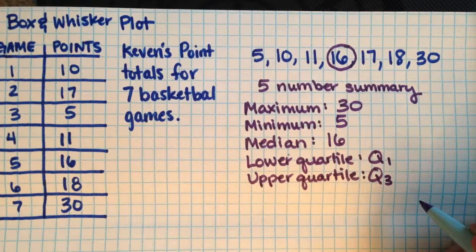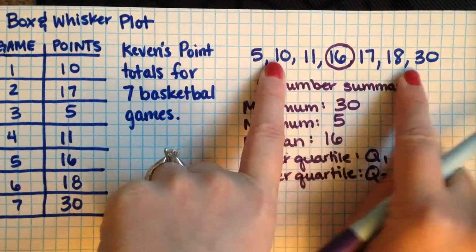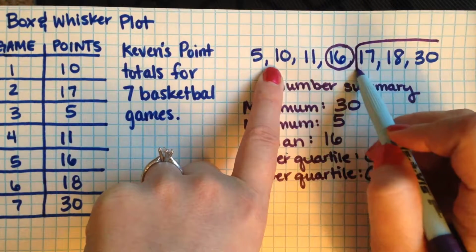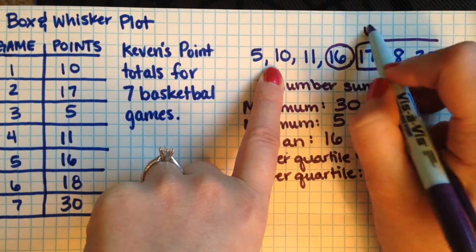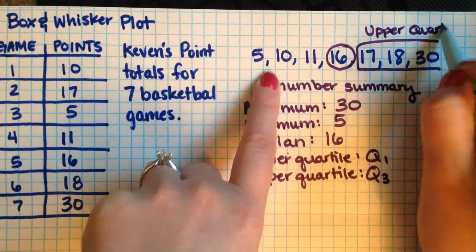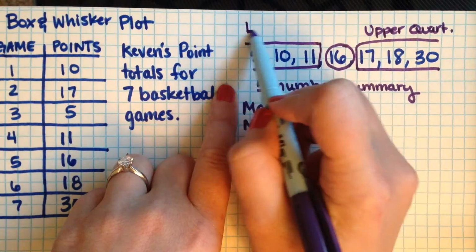To find the upper quartile, you need to think of our median as splitting our data into 2 regions. You have the numbers that are larger than the median, and that would be our upper quartile. And the numbers that are lower than the median, and that would be our lower quartile.